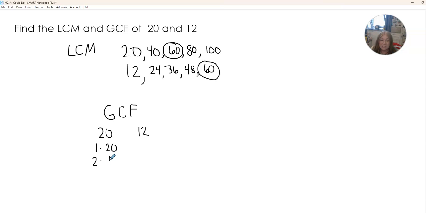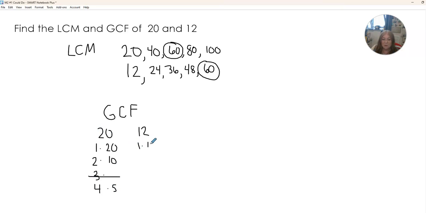That went in there 10 times. Now we're going to try 3. 3, 6, 9, 12, 15, 18, 21. Nope, 3 is not a factor of 20. Next up is 4. 4, 8, 12, 16, 20. It went in there 5 times exactly. And then I already have 5. So we have 3 sets of factors for 20.